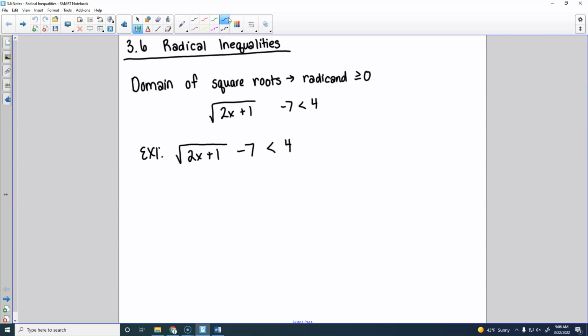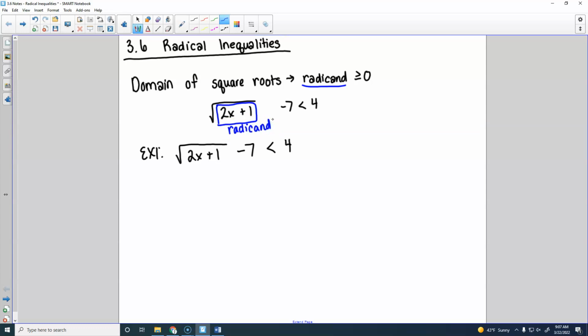We've talked about the domain of square roots when we were graphing them before, and we know that whatever is under the square root has to be greater than or equal to 0 because we can't take the square roots of negatives. The stuff under the square root is called the radicand. That's why I have written here the radicand has to be greater than or equal to 0. This is your radicand.